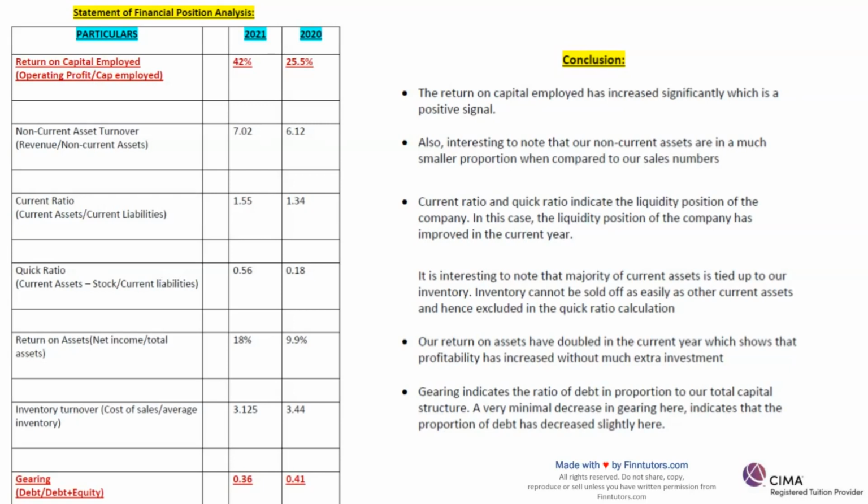Inventory cannot be sold off as easily as the other current assets, and hence we remove it when we do our quick ratio calculation. Our return on assets has doubled in the current year, which shows profitability has increased, which we very much know. Over here, gearing indicates the ratio of debt in proportion to total capital structure.